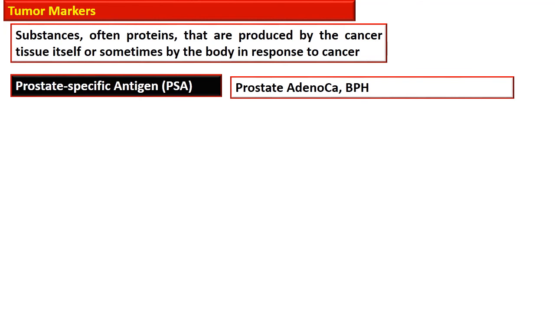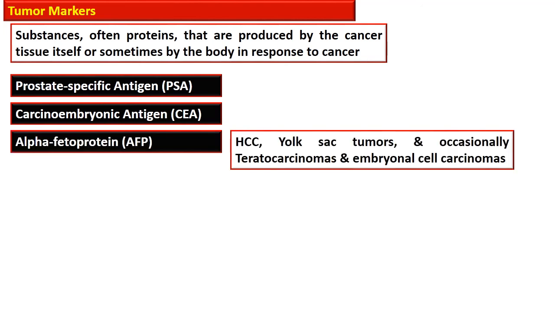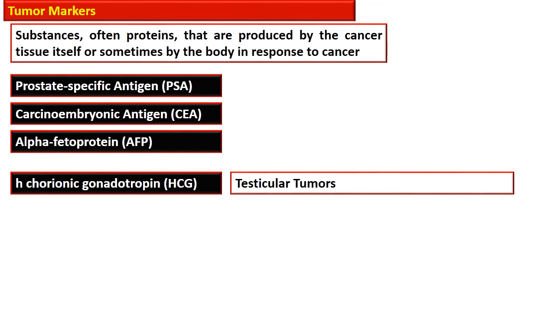Prostate specific antigen is the tumor marker that is elevated in prostatic adenocarcinoma and benign prostatic hyperplasia. Carcinoembryonic antigen is a tumor marker for colon, pancreas, stomach, and breast. Alpha fetoprotein, or AFP, is elevated in hepatocellular carcinoma, yolk sac tumor, and occasionally teratocarcinomas and embryonal cell carcinomas.